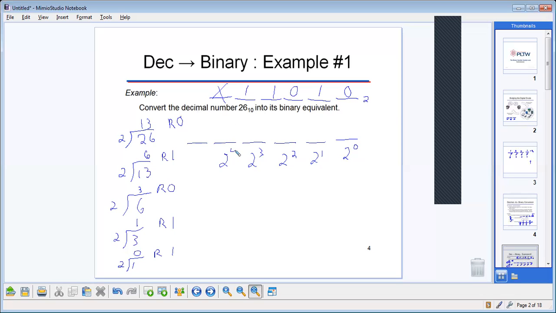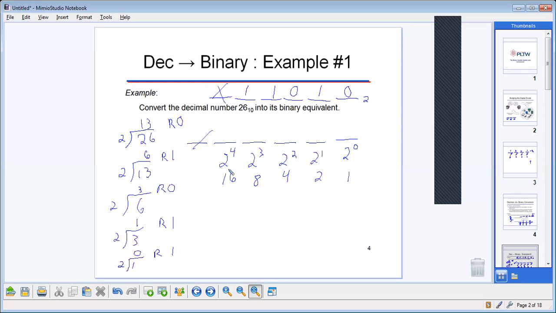As I'm listing these out, I know that we have 1, 2, 4, 8, 16, and I would not need to go to 32 because I'm just trying to make 26. So I really don't need that place. And I would just fill these in from left to right.